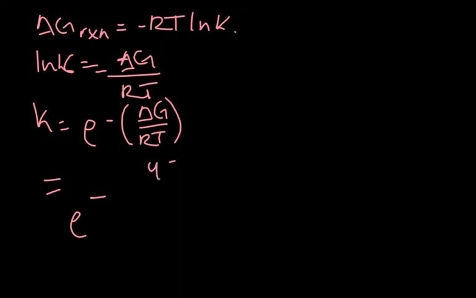So again, our delta G is 45.89, R is 8.314, and T, again this is standard temperature and pressure because we're under standard conditions, it's equilibrium, so it's 273.15 Kelvin.